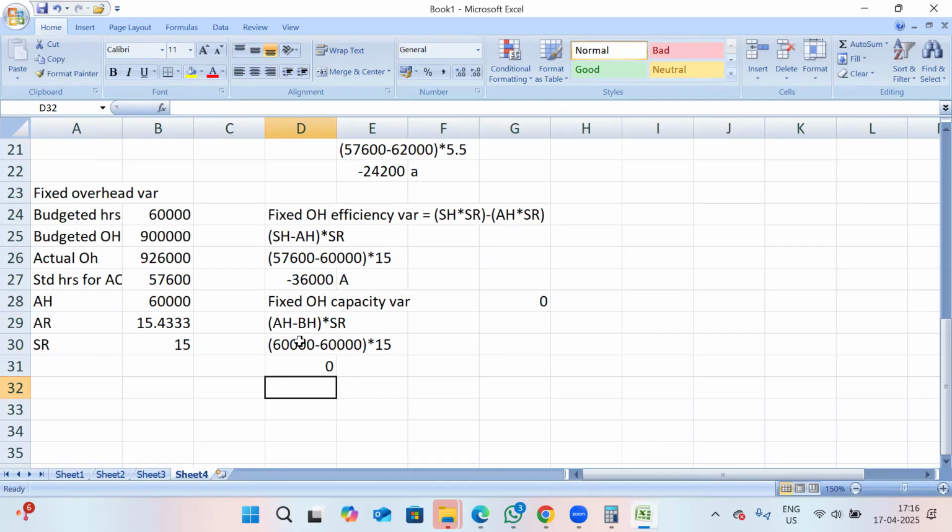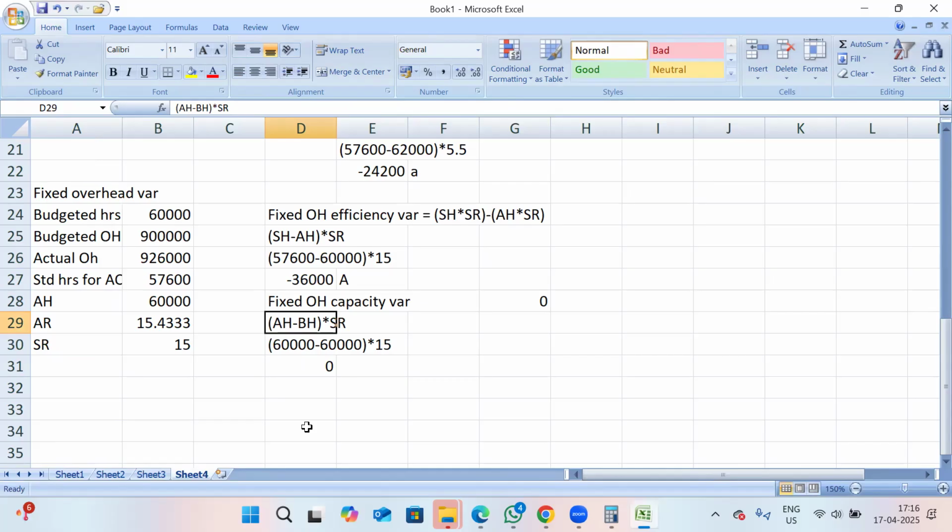If I am utilizing more than my budget, say I can use only 1 hour, but I am utilizing 2 hours by doing some overtime, it is a benefit for me, right? So actual hours minus budgeted hours into standard rate will be the formula for this.